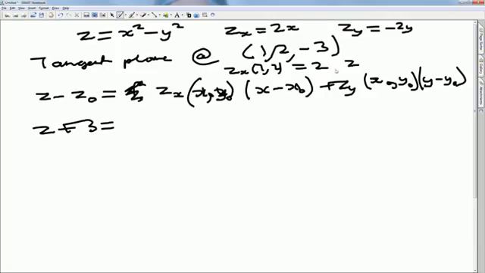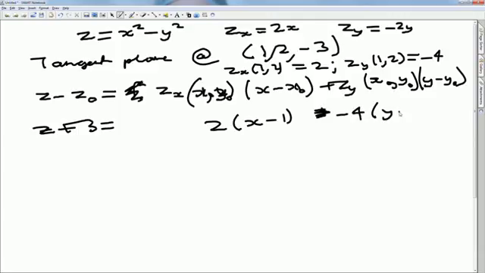And the z_y partial derivative at 1, 2, again plug in y equals 2, we get minus 4. So again, z plus 3 is equal to this number, which worked out to be 2, times x minus the x value of our point in question, plus our partial derivative, minus 4, times y minus 2.